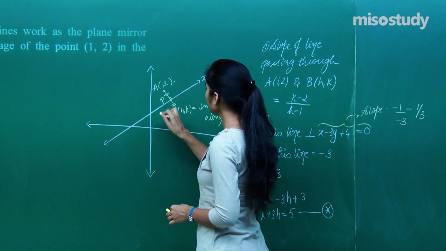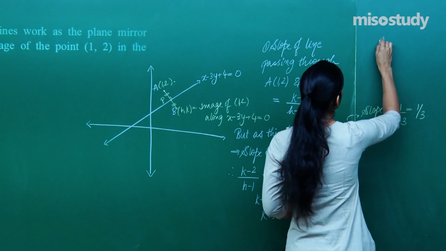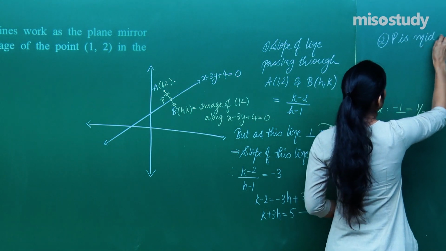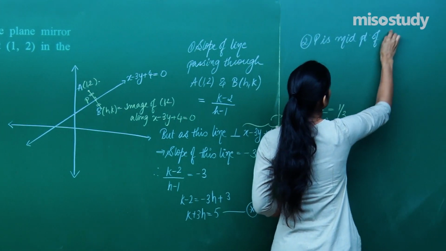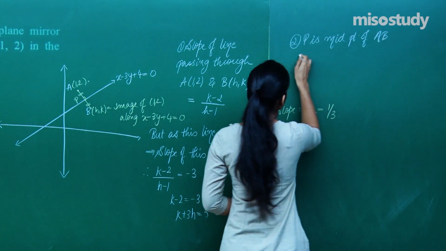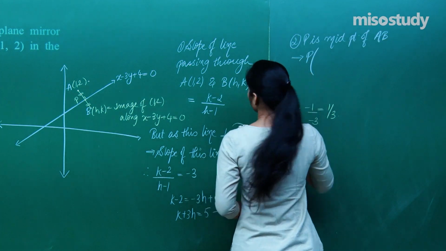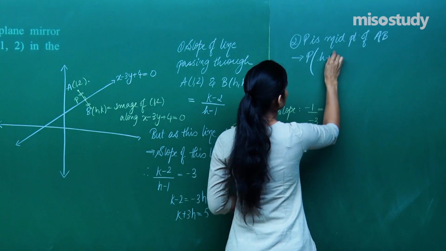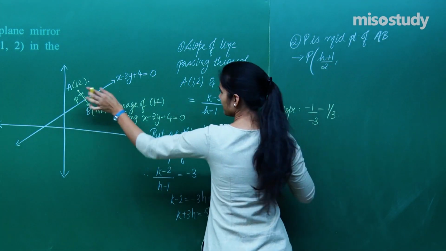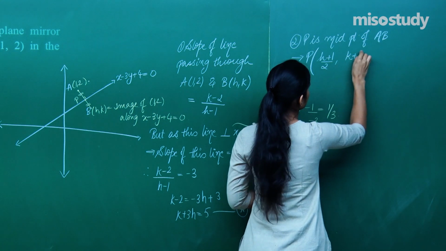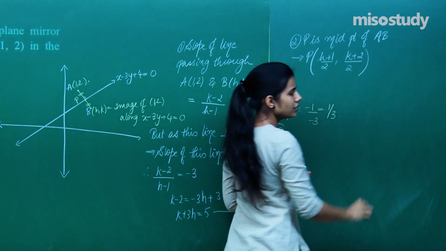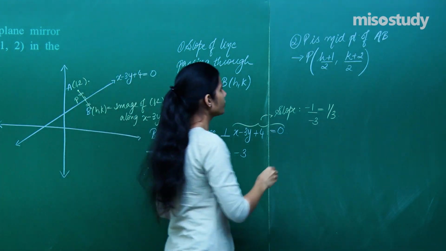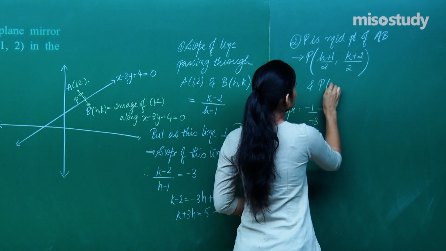Next, what is it that we have? Next we have P is the midpoint of AB. By section formula we have known how to calculate the coordinates of the midpoint. What will be the coordinates of P? h plus 1 divided by 2, comma k plus 2 divided by 2. Right? We have done this in section formula. Now point P is lying on the line x minus 3y plus 4 equals 0.